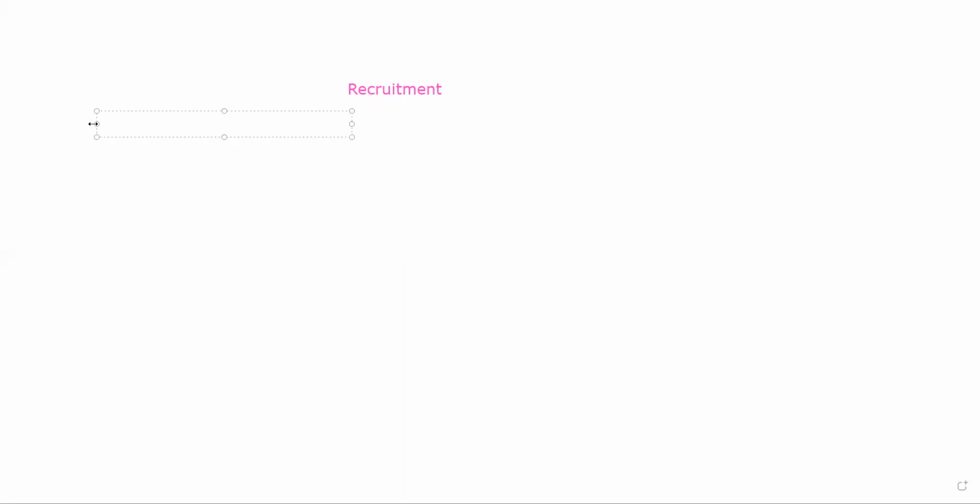Let's clarify the meaning of recruitment first. Recruitment refers to the process of, listen to every word very carefully, sorry, not selecting, it's searching.